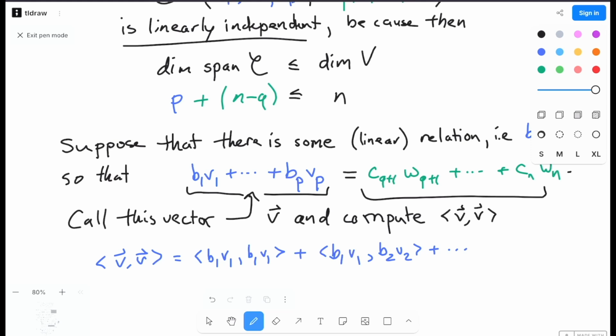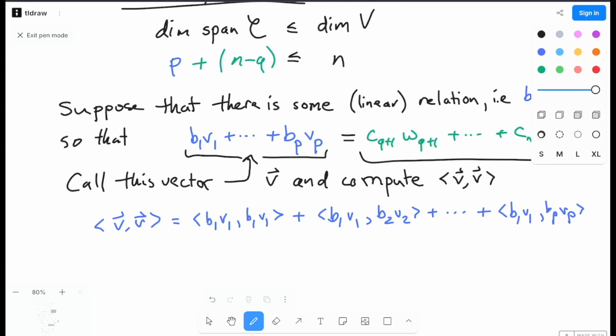Sure, I'll write out one more, b_1 times (b_P, v_P).